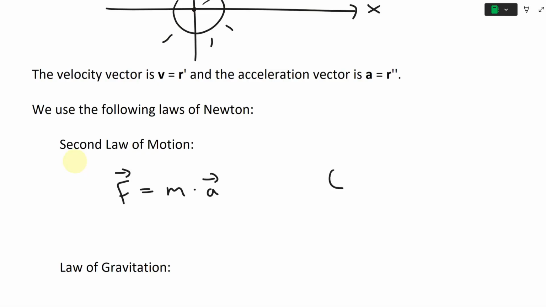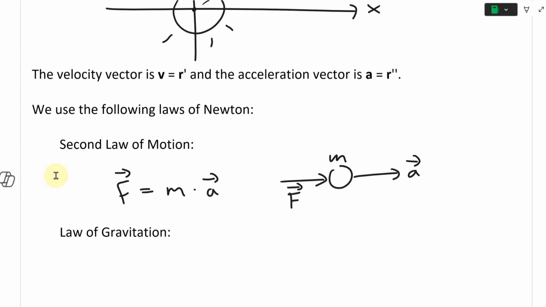Basically, if you have an object of mass m, and it accelerates by a, in order for it to accelerate, there needs to be a force applied to this mass in the direction where it's accelerating. So that is the second law of motion.